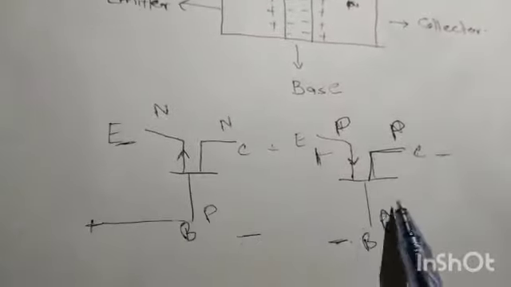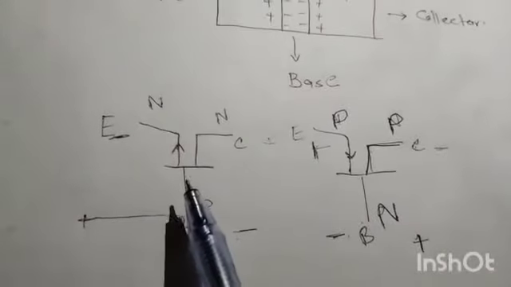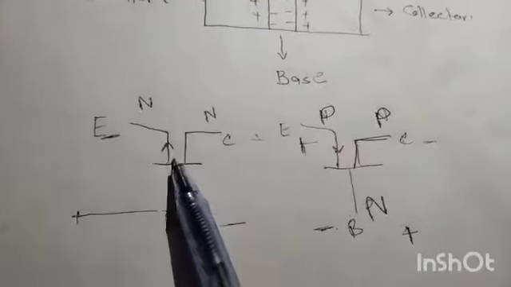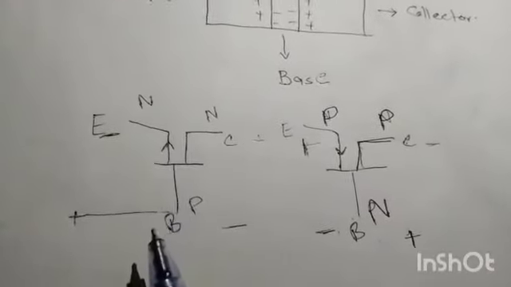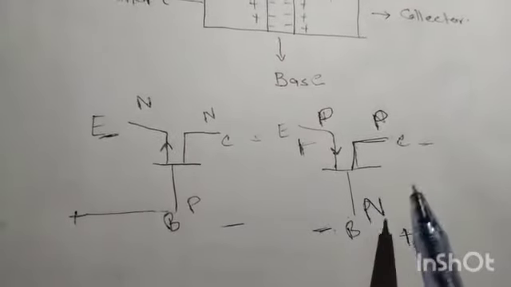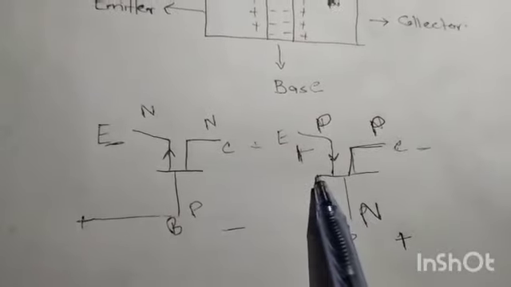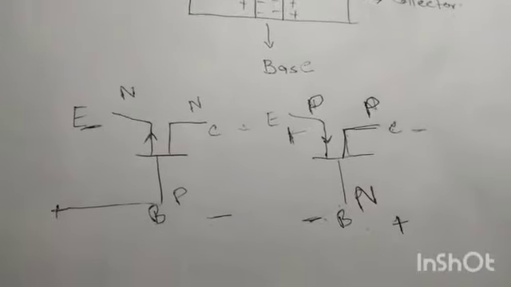The symbol for both NPN and PNP transistor is the same, just there is a difference in the direction of the arrow, and this direction of arrow indicates the direction of flow of current. In case of NPN, current flows from base towards emitter, and in case of PNP, current flows from emitter towards base.